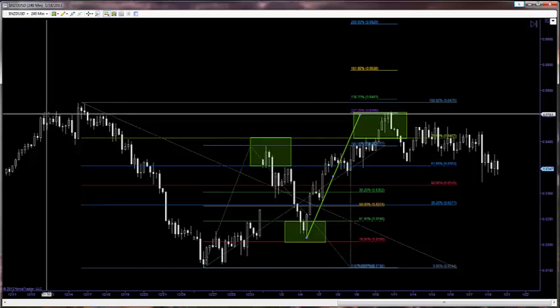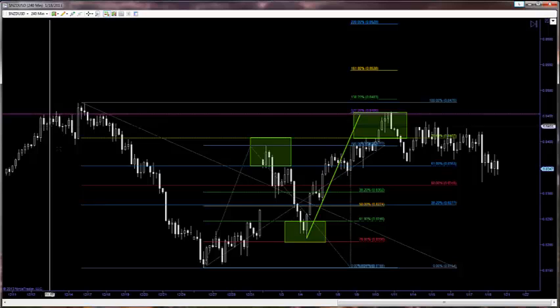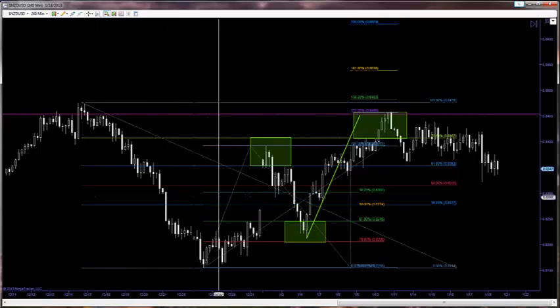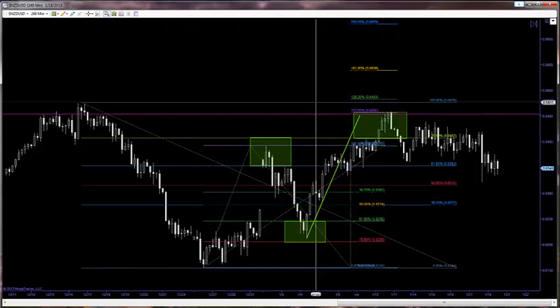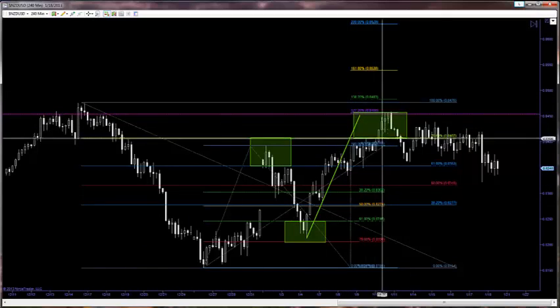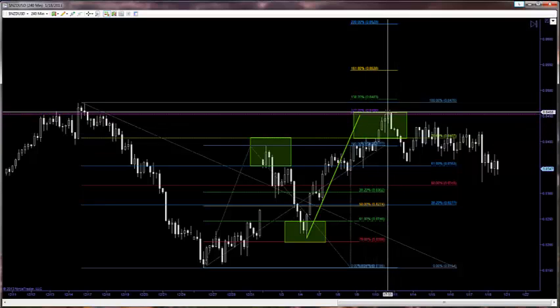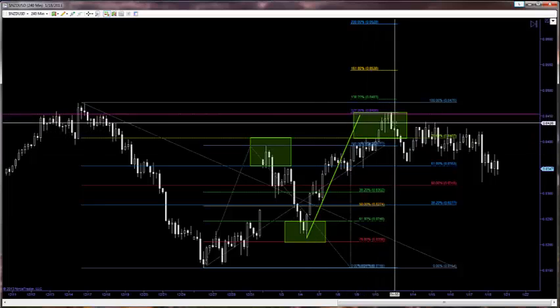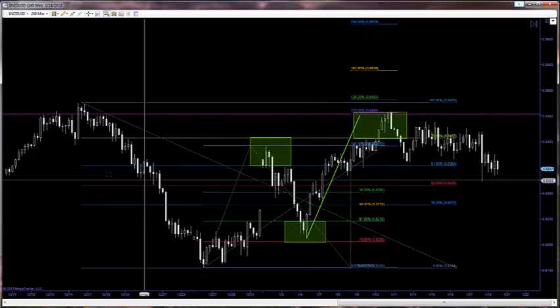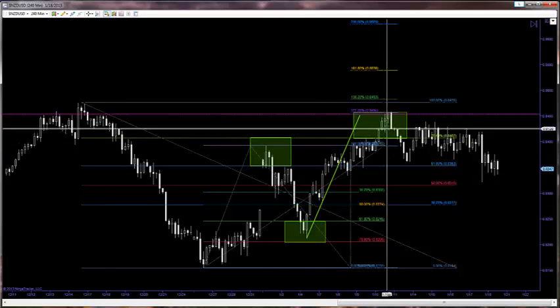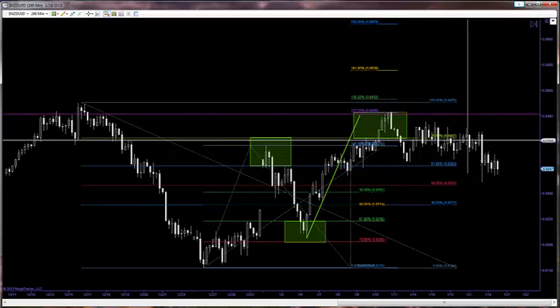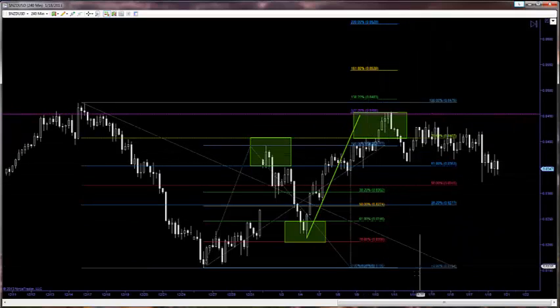You also have some structure here. So all of these things point you to a potential reversal of this pattern into this area. And sure enough, price respected the pattern, respected the harmonics, and started working its way down.